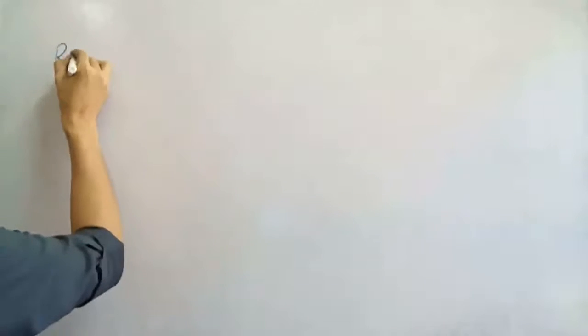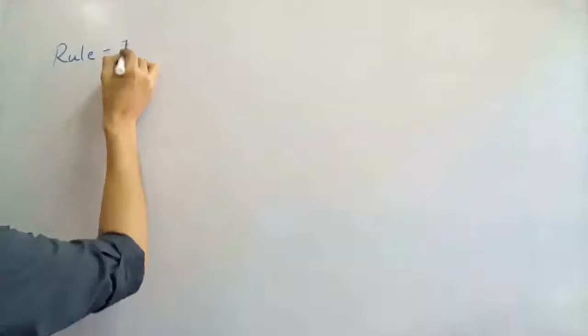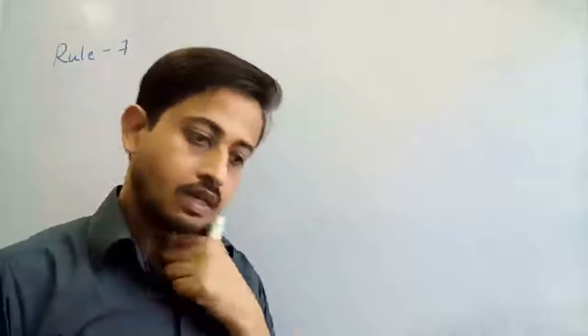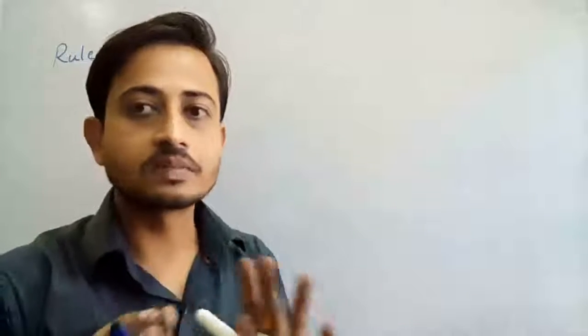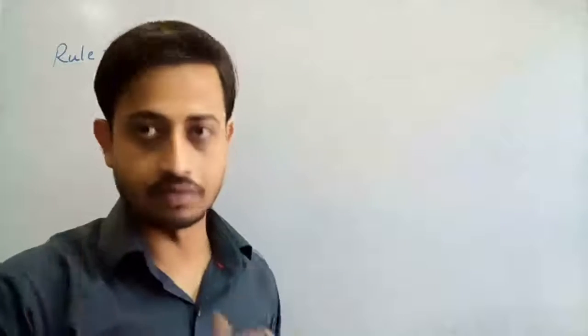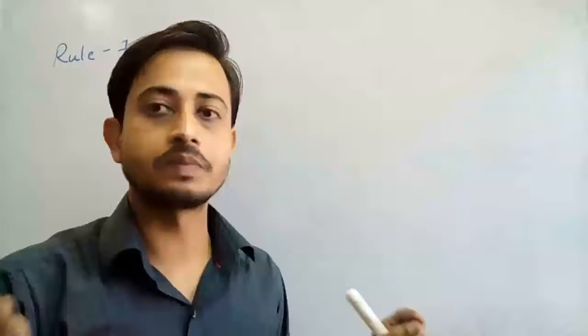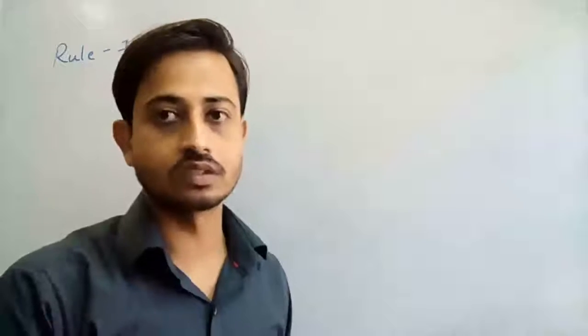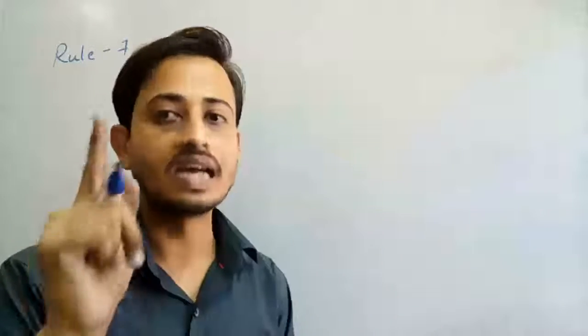Rule 7. If you have a term but the power is not specified, then how can you write its power? If there is no power specified for any term, you have to take it as 1.